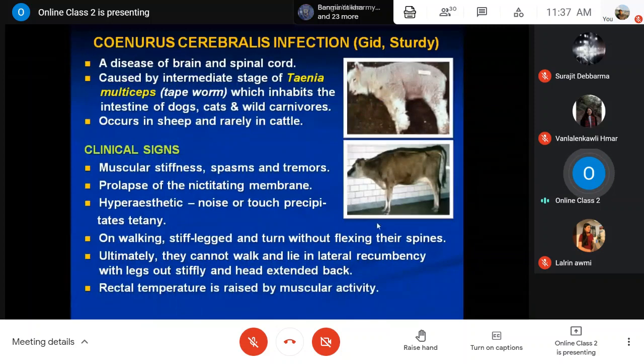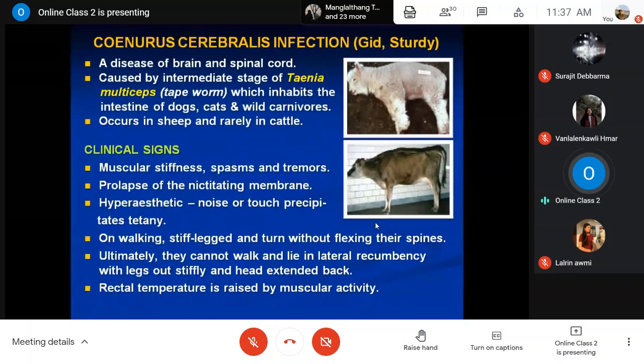Then next is Coenurus cerebralis infection, commonly known as gid or staggers. I hope in the practical class I showed the Coenurus cyst in a small bottle, and we have already discussed it. It is a parasitic infestation, the larval stage of the tapeworm Taenia multiceps, commonly known as Coenurus cerebralis, the infective larval stage.